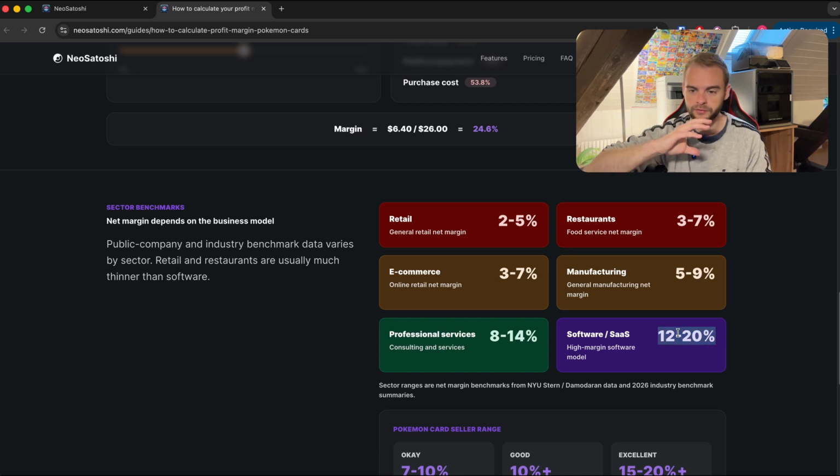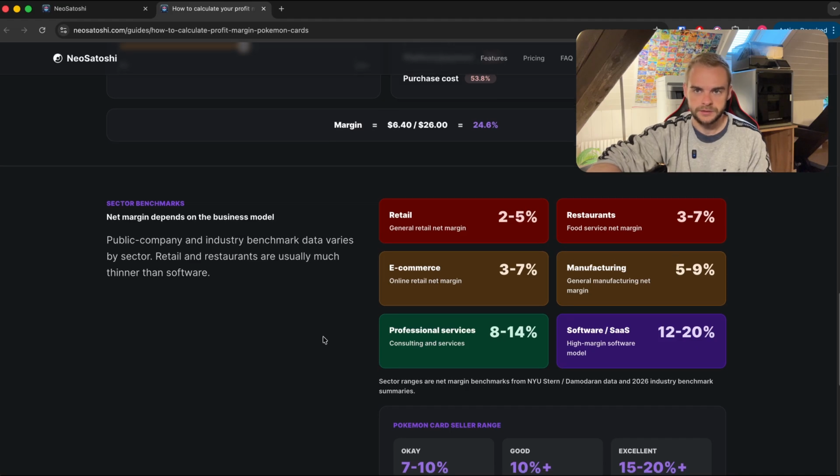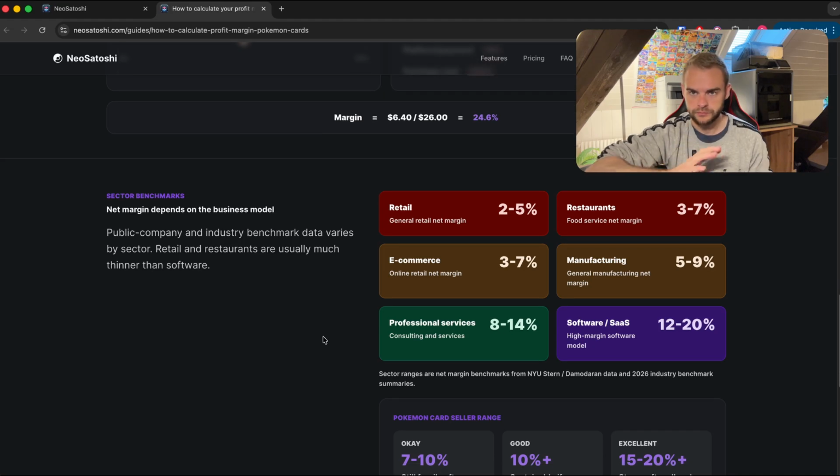So to get a rough estimation, I think most businesses average around 8 to 12%. So this is a healthy business if they have a revenue of this. It depends on the niche you're in, but I think for the whole industry it would be something around 8 to 12% profit margin.